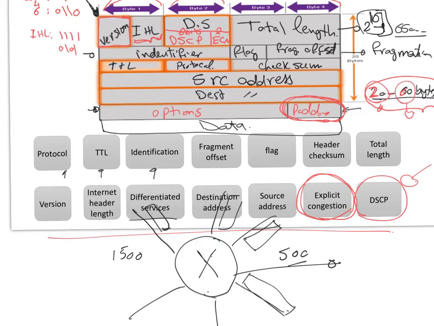In that case, the 1500 has to be divided into 3 different fragments. We call them fragments. So these fields are used to facilitate the fragmentation process, which we will talk about in detail, inshallah.